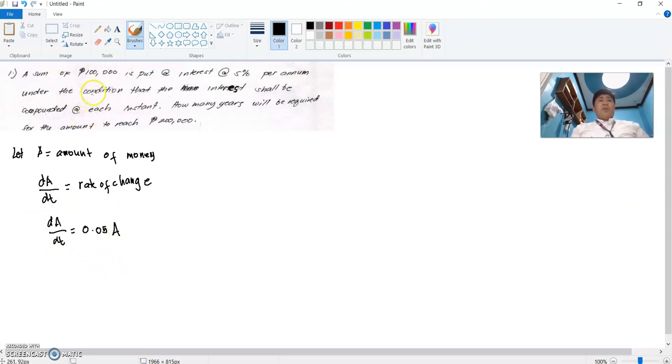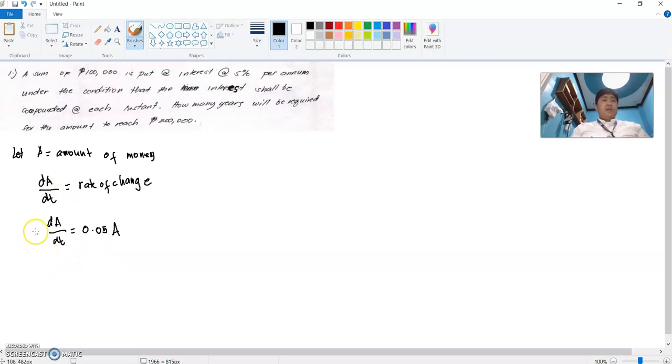I'm sure this problem came from economics, right? This can be solved using formulas from engineering economics. Those formulas used in those subjects are derived from this differential equation. So let's continue.